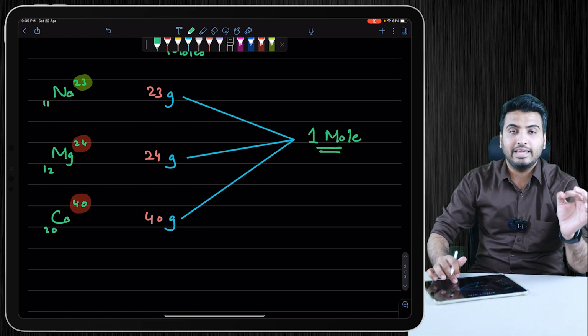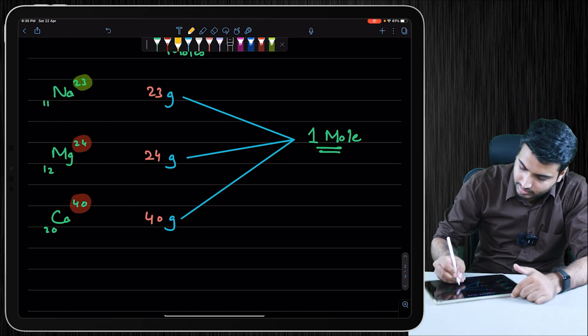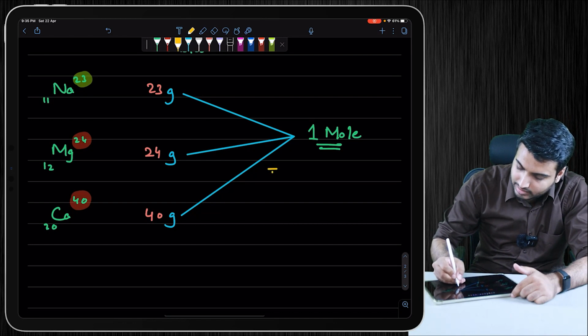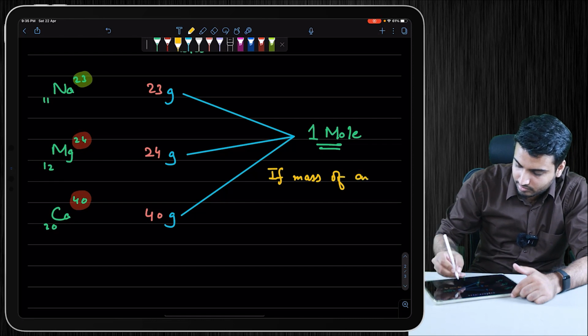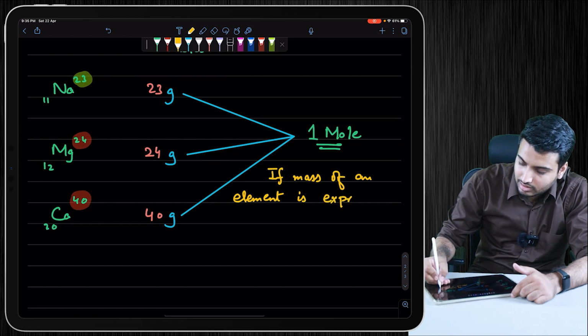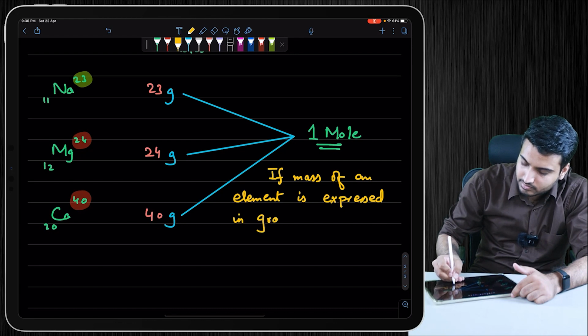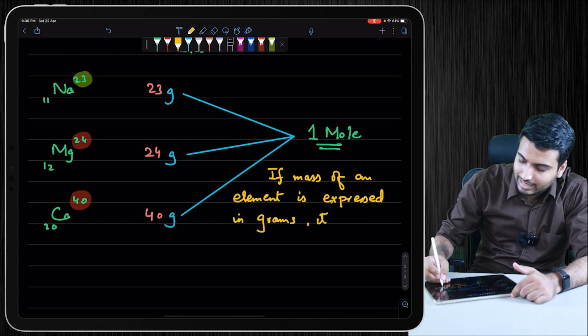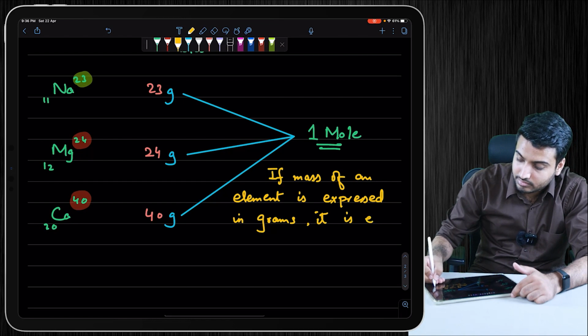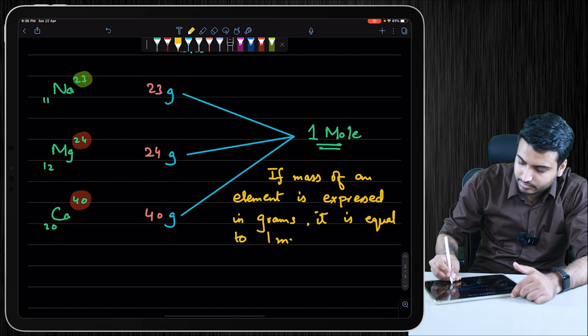So 1 mole is simply, if mass of an element is expressed in grams, it is equal to 1 mole.